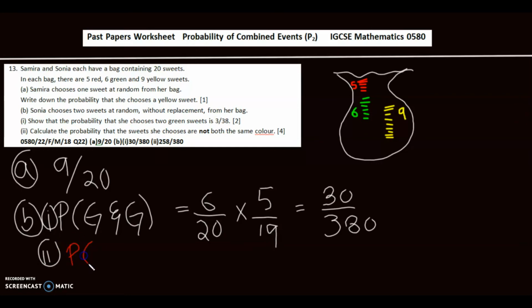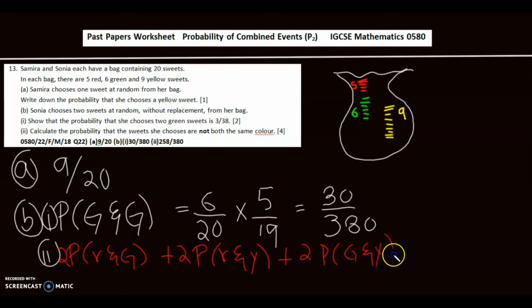Probability of getting red and then green, or green and red, I'll write 2 over here. If I write 2 with this probability, that means I'm considering both the cases, red and then green or green and then red. Similarly, there's a possibility of getting red and then yellow or yellow and then red, hence I've written 2 with it, and then 2 times probability of green and yellow or yellow and green.